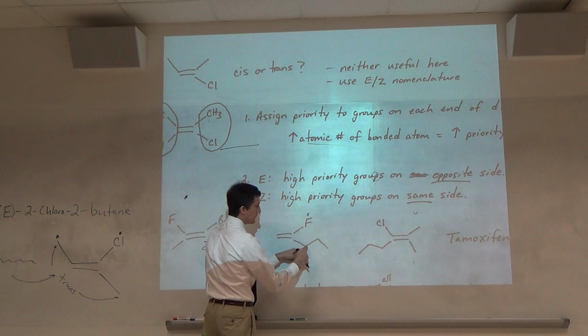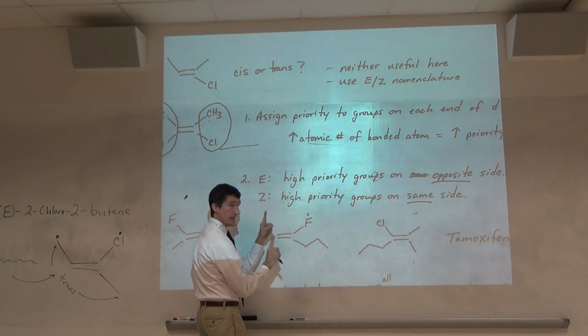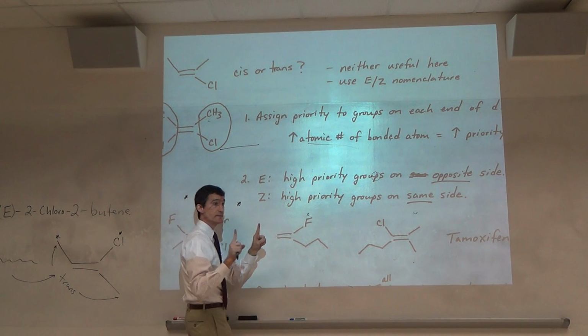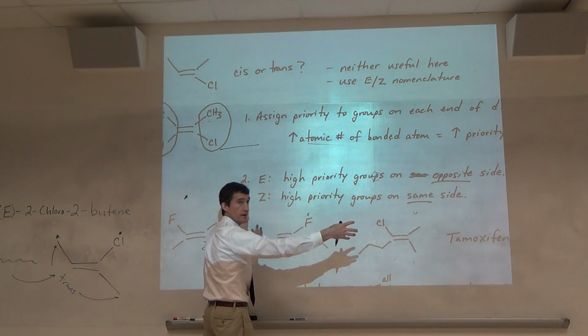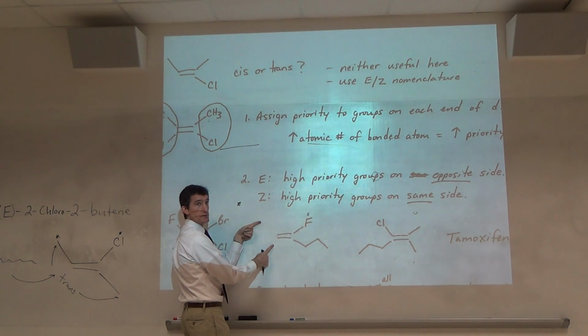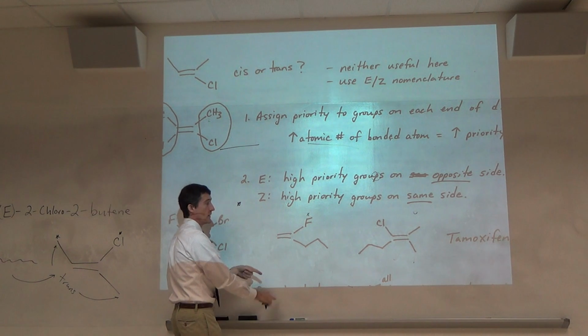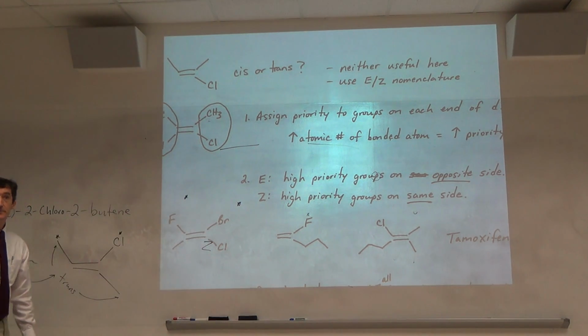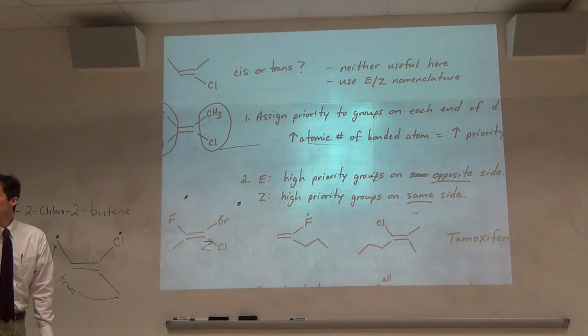It doesn't matter what's attached there. It's one atom at a time. You don't add it up. It's F for carbon. That's what's bonded here. Over here, H or H? Doesn't matter. So is this E or Z? Cannot be determined. Why? Because it does not have E or Z stereoisomers.